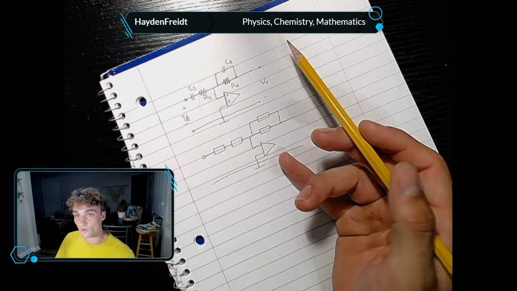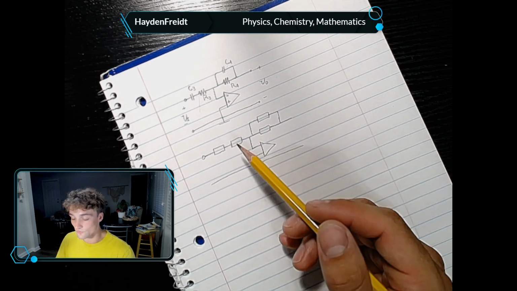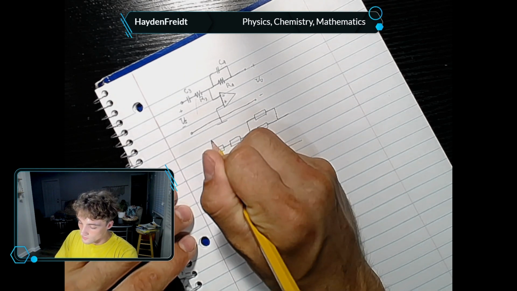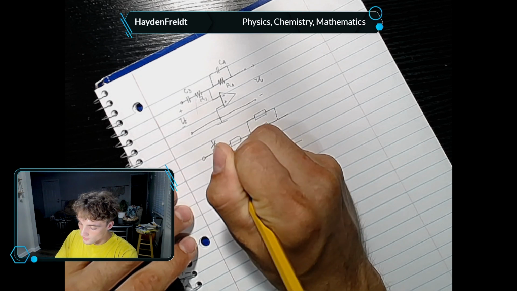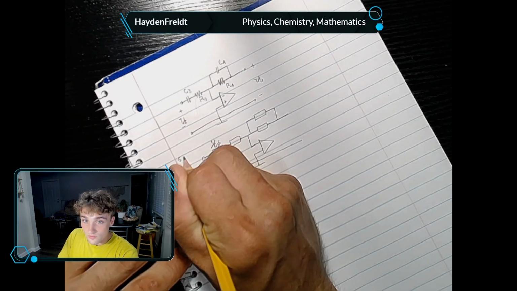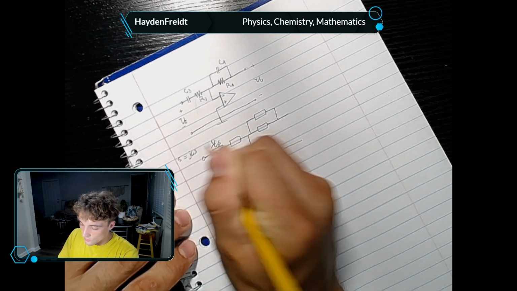Capacitor with subscript 4. Instead of seeing C3 or C4, we're going to put it into its impedance form, which for a capacitor is 1 over C3S, where S equals j omega.